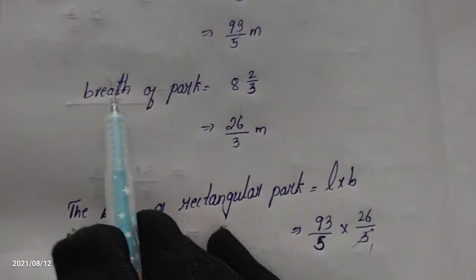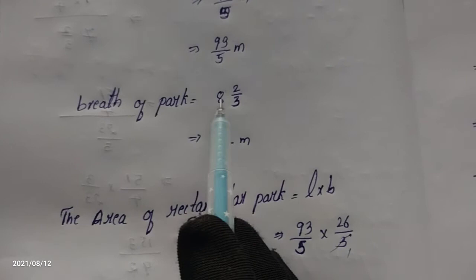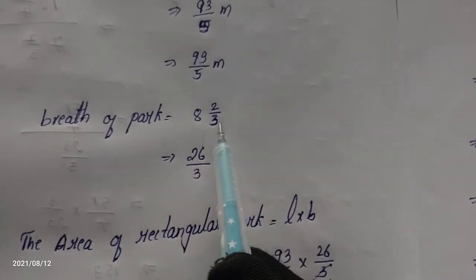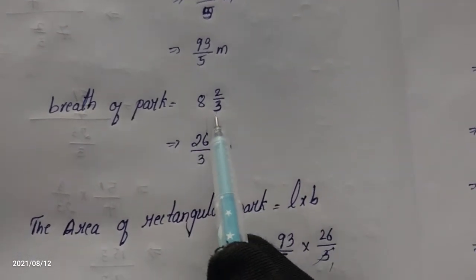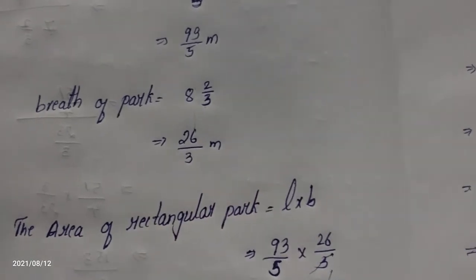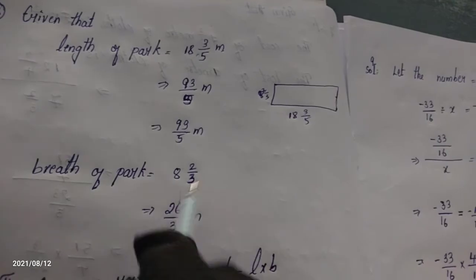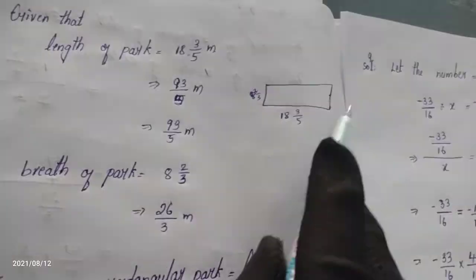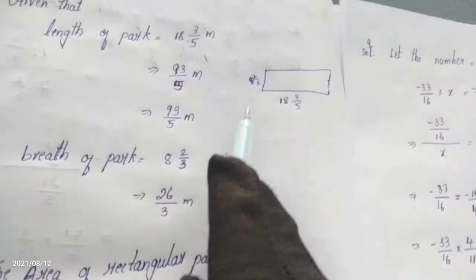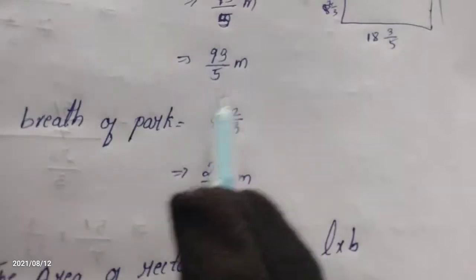What is the breadth? The breadth of the park is given as 8 2/3. Here I am writing the rectangular park. Length is given, breadth is given. It is also a mixed fraction.